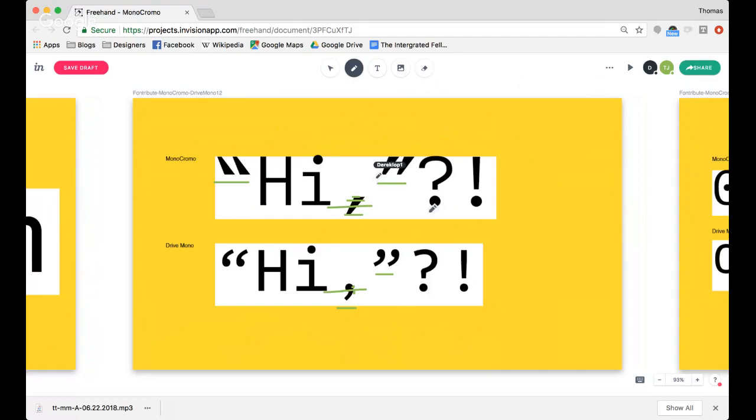I also notice something going on with your periods, in the quote, the question mark and exclamation mark, compared to your tittle. They appear larger and much heavier than the forms above them, like this section of the question mark and the exclamation mark. There's not as much of a difference in Drive Mono. There is some, but not much.